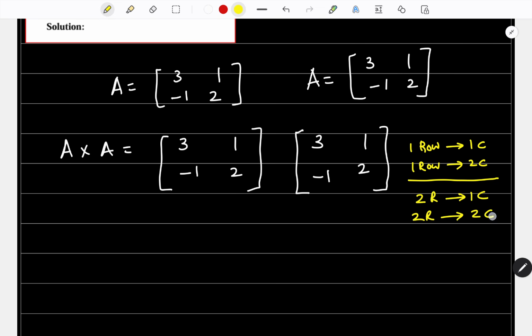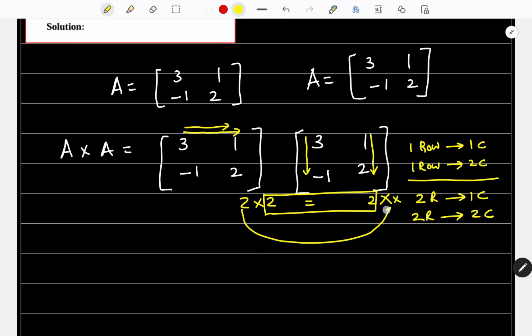Second row, second column. Go like this. This is a 2 by 2 matrix. This is a 2 by 2 matrix. This end number must be equal. Then only you will get the multiplication property. The resulting answer will be 2 by 2. Keep in your mind.